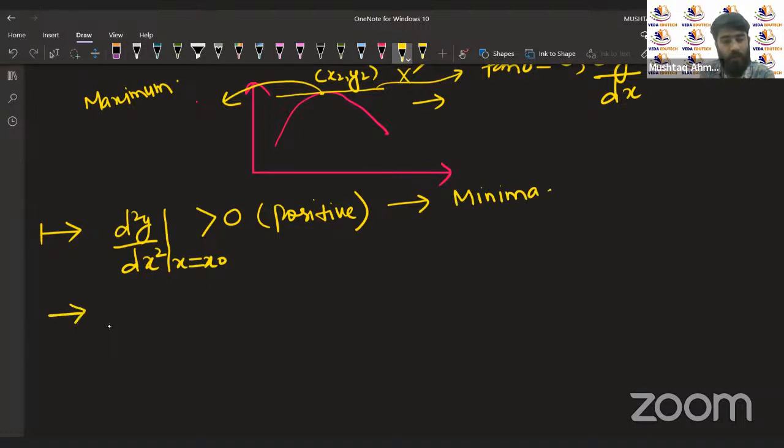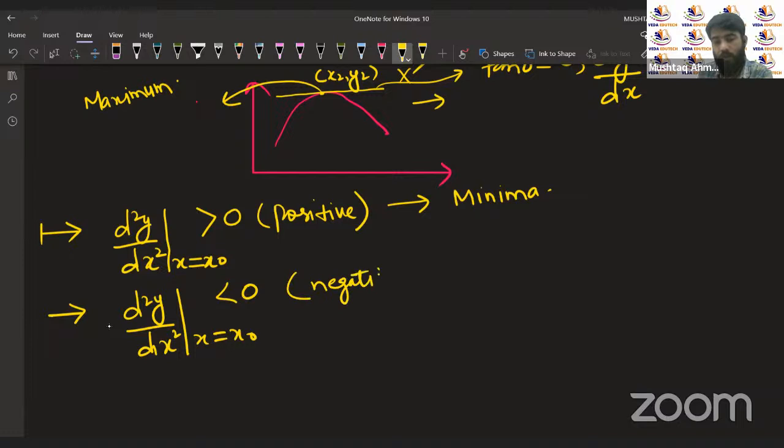And similarly, at the point where the first derivative is 0, that is at x equal to x0, if the second derivative comes out to be negative, less than 0, then the point will represent a maximum. That's how we can check whether a particular point represents a maxima or minima if at that point the derivative of a function is 0.